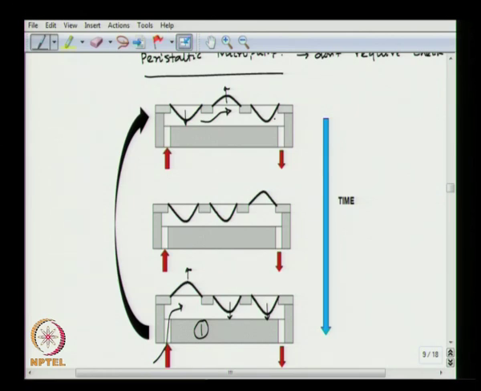In the third cycle, the first membrane goes down and the second membrane also goes down, so the fluid has only the option to go into the third chamber.